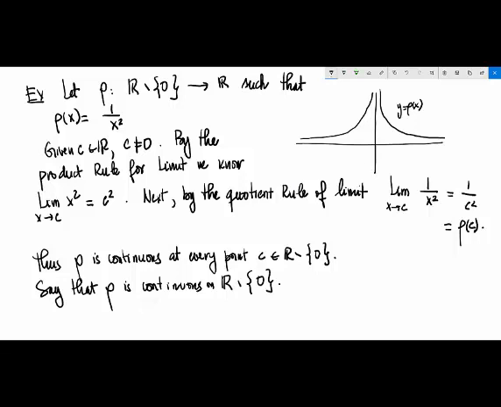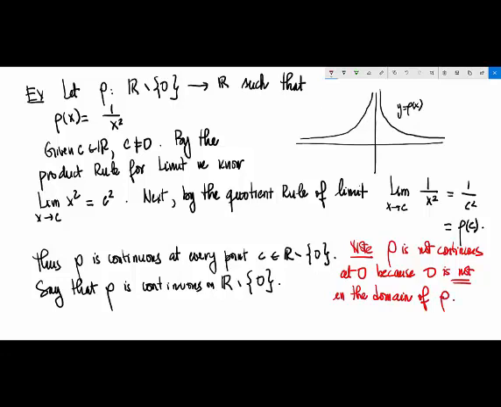Now I would like to make a short remark here. Note that rho is not continuous at 0 because 0 is not in the domain of rho.